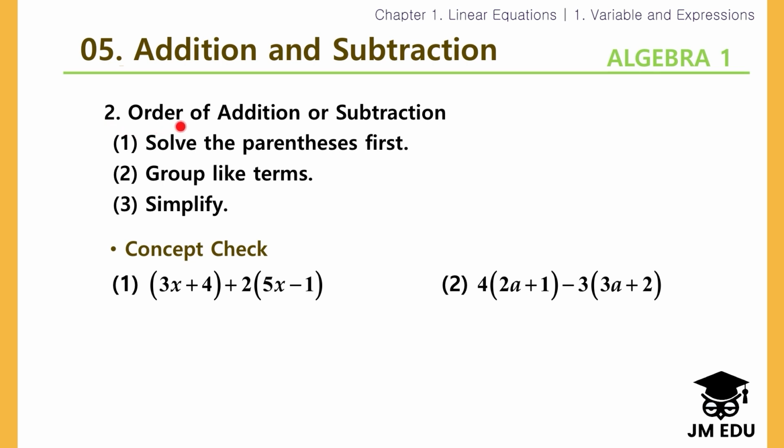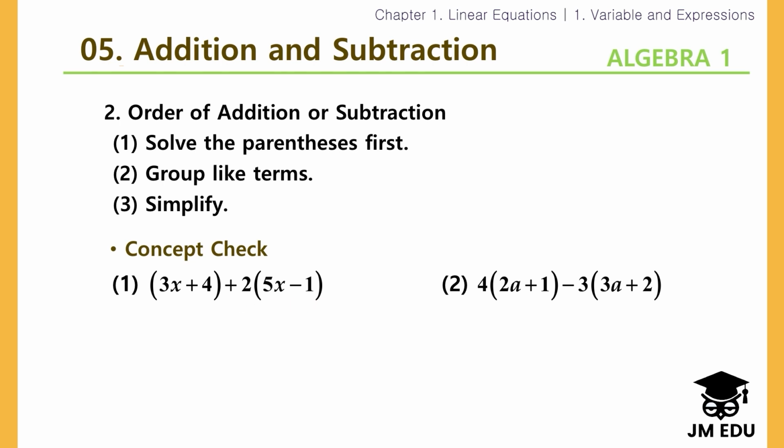Number 2, order of addition or subtraction. If the expression has a parenthesis, the first thing we have to do is solve the parentheses first. Then we're going to group like terms, and then we're going to simplify. That's the order of operations for addition and subtraction. So concept check. We have parenthesis 3x plus 4 plus 2 times 5x minus 1.